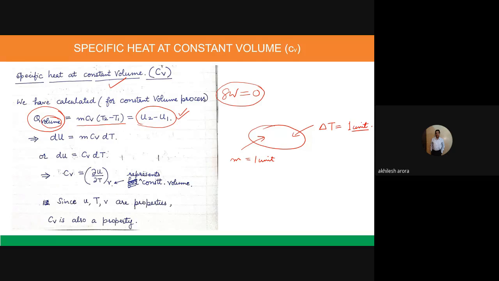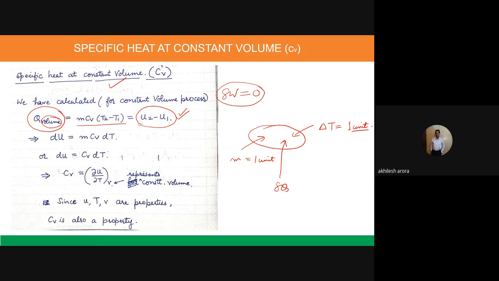then whatever is the amount of heat which we require to give to it for raising the temperature of the substance through 1 degree is known as the specific heat. And when we keep the volume constant, then that value of specific heat is known as specific heat at constant volume.